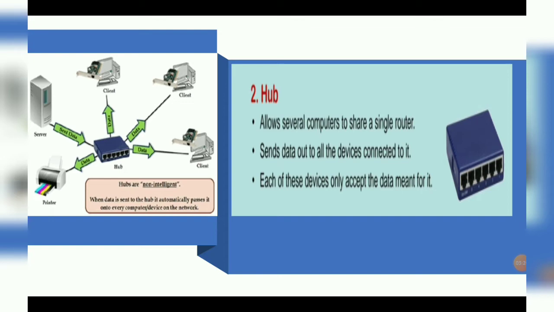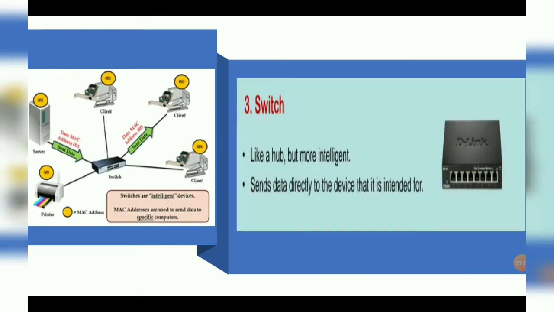The next thing we're going to study is the switch. Then we're going to discuss this again. Switch. A switch has the same job as a hub but is more intelligent. Remember guys, a hub sends data to all the devices connected, but a switch only sends data to the device that the data is meant for. For example, if something is supposed to be printed, it'll go directly to the printer instead of being sent to all the devices.